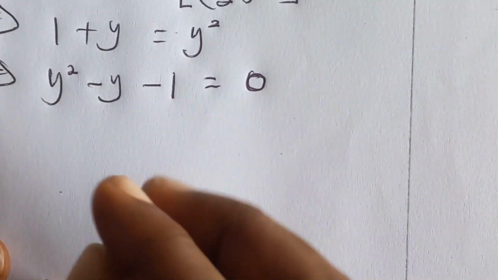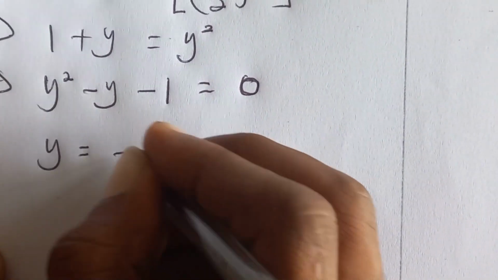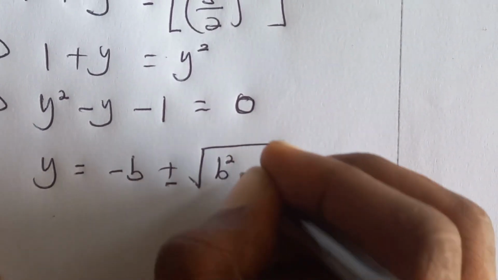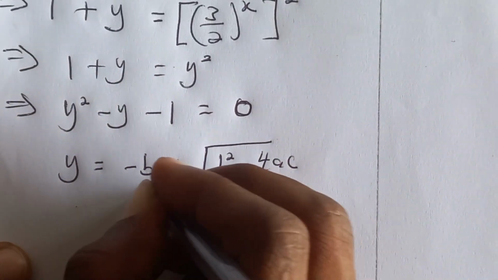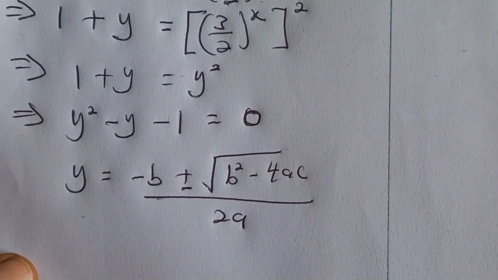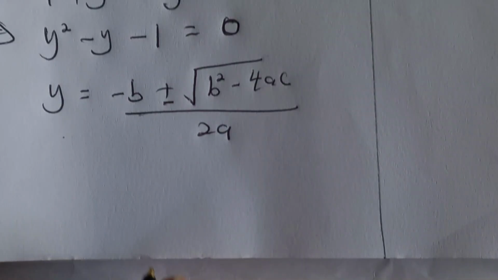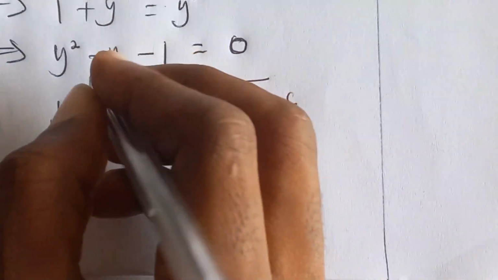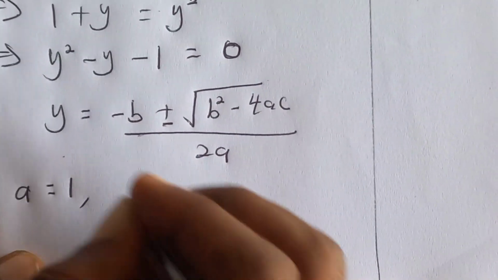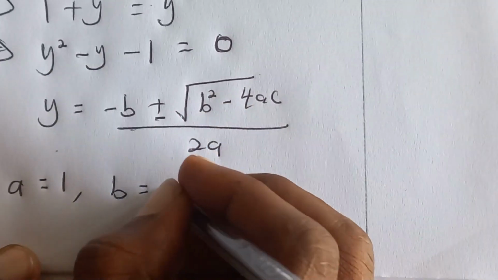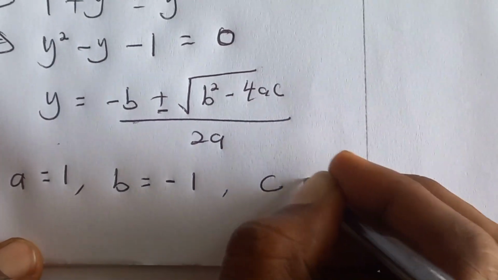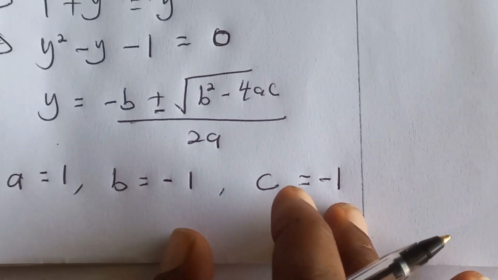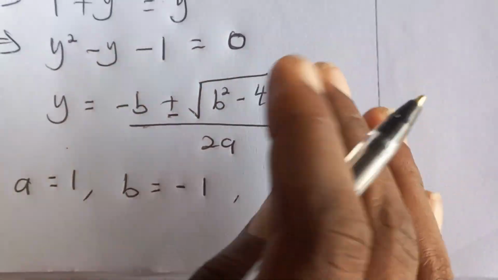So we use the quadratic formula to solve for this quadratic equation. We say that y is equal to minus b plus or minus root of b squared minus 4ac all on 2a. So from here, we can see that our a is 1, our b is negative 1, then our c is equal to negative 1. Let's continue.